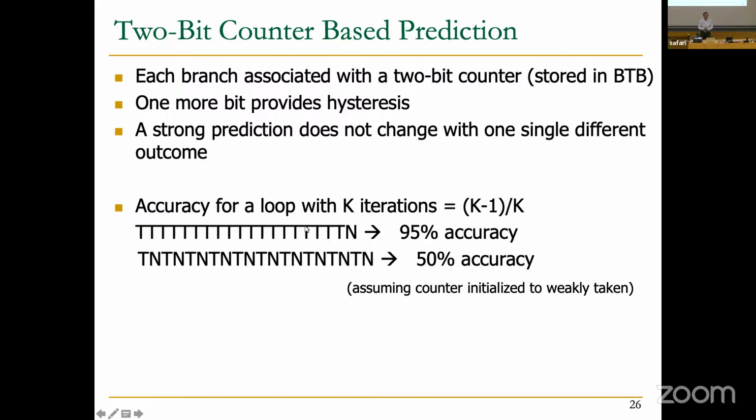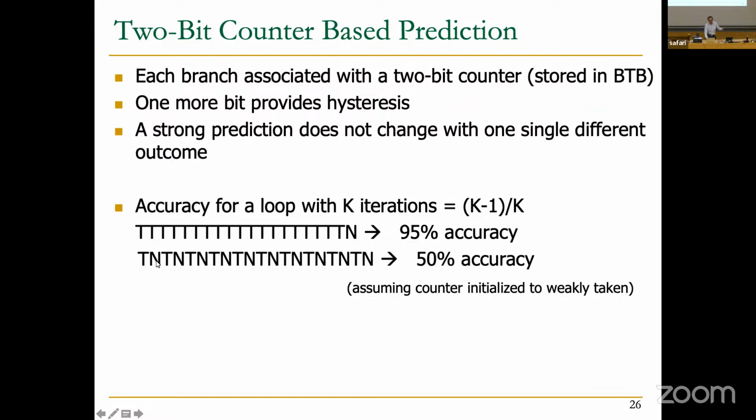That's not bad, right? Now, this more difficult pattern earlier, where we actually got 0% accuracy with the last time predictor, assuming the counter is initialized to weakly taken, we get 50% accuracy, right? Because if the counter is initialized to weakly taken, we will predict this first instance as taken, so the counter will become strongly taken.